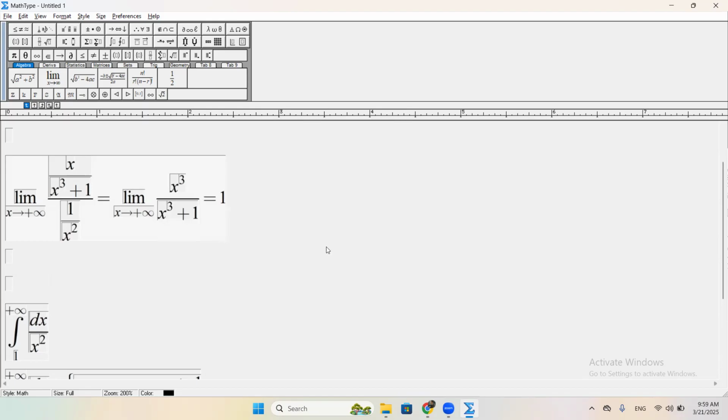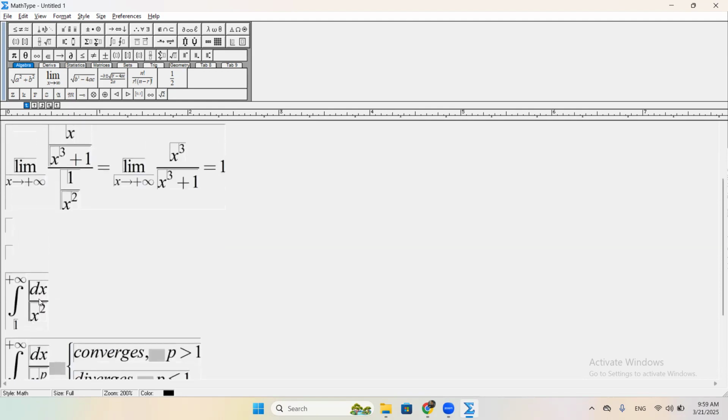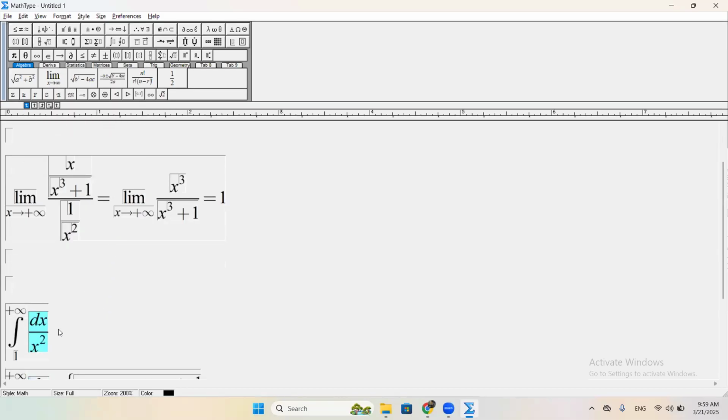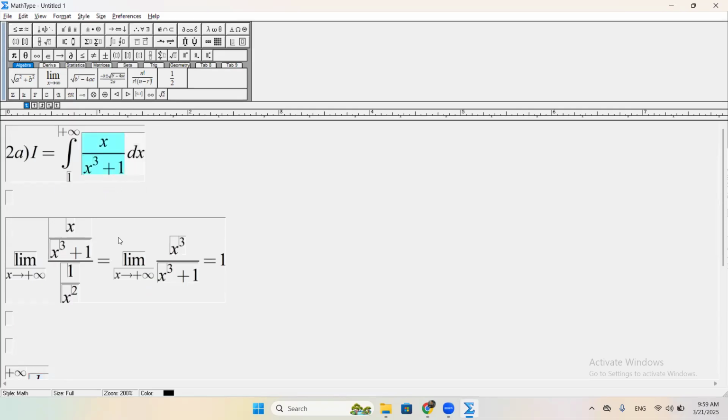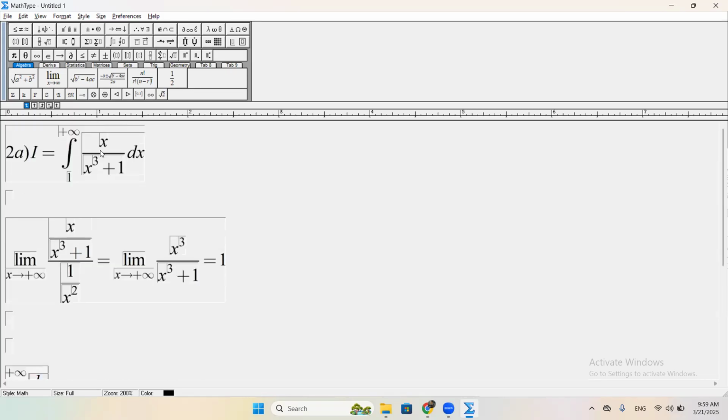So this limit equals 1. So these functions are equivalent, and this integral converges. By the way, this function is greater than this function. So as the integral of the greater function converges, the integral of the lesser function converges as well. So now we conclude that integral I converges.